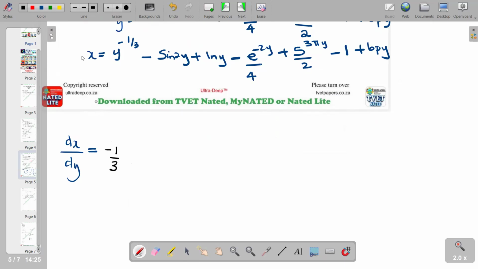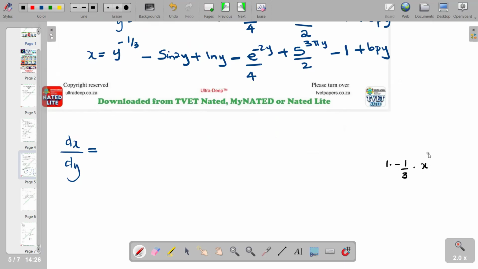Let us do it this way, to simplify only the first term. We have the coefficient multiplying the power, which is negative 1 over 3.